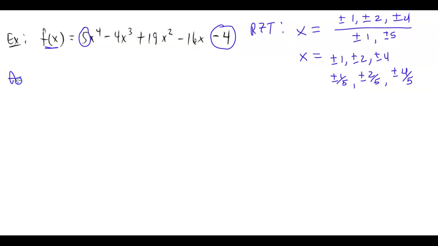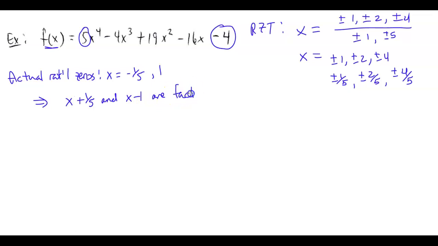So our actual rational zeros are going to be x equals 1 and -1/5. Okay, and so what this tells us is that x plus 1/5 and x minus 1 are factors of f of x.